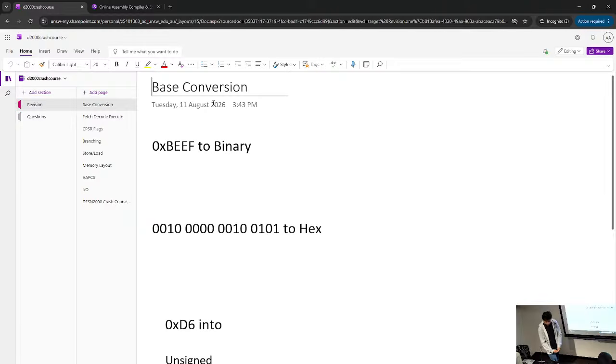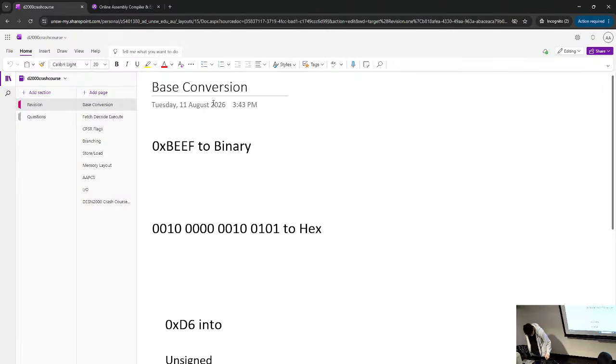Not too much was covered in this course, but it is on the exam. So I'll just quickly go through a brief revision here. The most common one is going from hex to binary and binary to hex. All the exams I've seen have at least one question on that. So it's an easy mark, right?